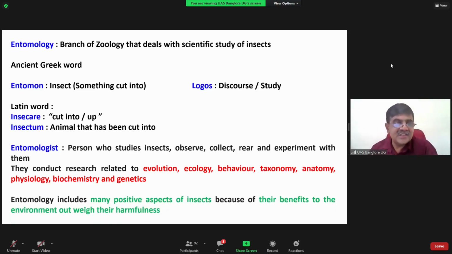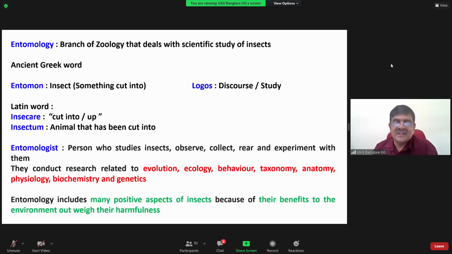And entomology includes many positive aspects of the insects. So you might have been thinking that insects are dangerous or harmful, but that is not the case. If you take the beneficial aspects and the harmful aspects, the beneficial aspects of the insects are more compared to the harmful aspects.